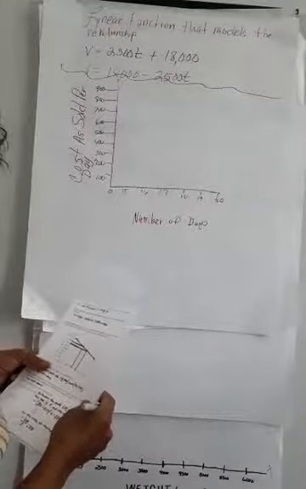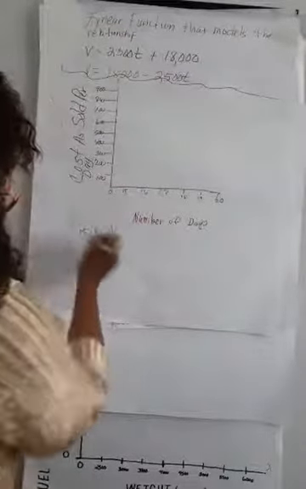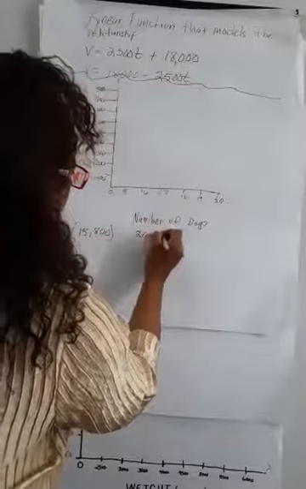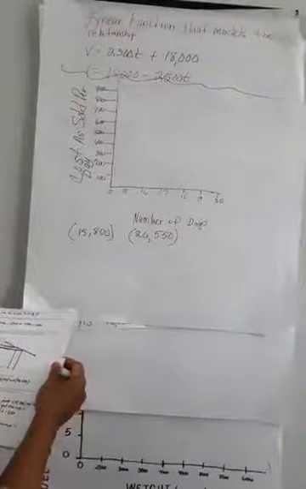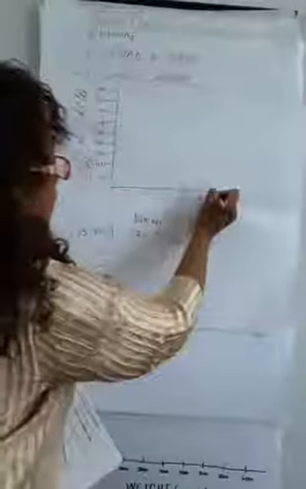Let's say that I ask you to identify the ordered pairs for 15 days. I told you that the ordered pairs were 15 and 800. And I also told you another ordered pair was 20 and 550. If I told you that, how would you graph that on this graph?